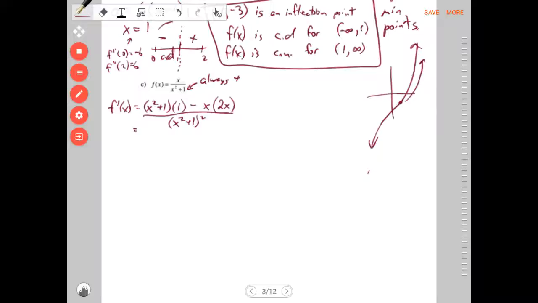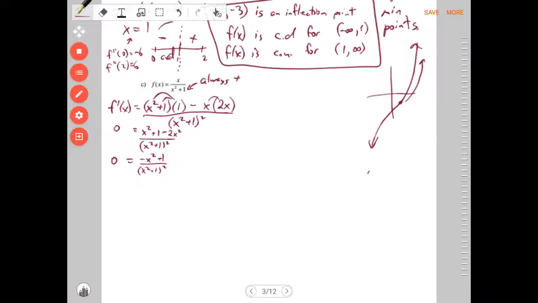So that's going to be x squared plus 1, right? That just distributes, and then those distribute as well. So then we're going to get negative 2x squared all over x squared plus 1 squared. Okay, and we want this to equal 0. So that's going to be x squared minus 2x squared is negative x squared, plus 1, all divided by x squared plus 1 squared.